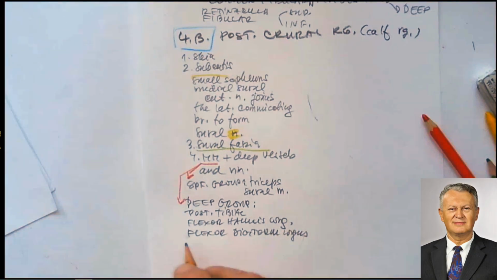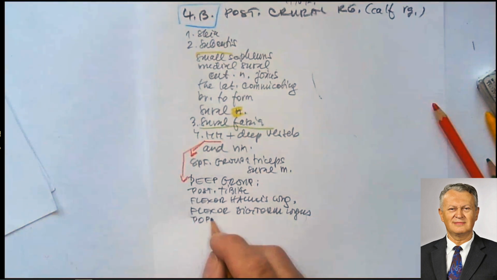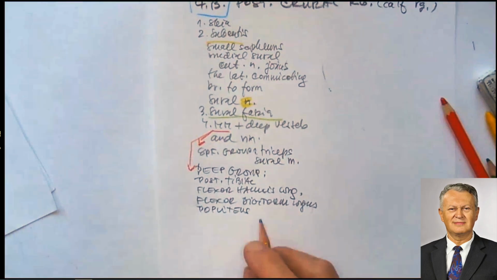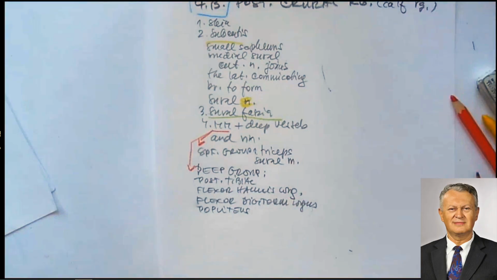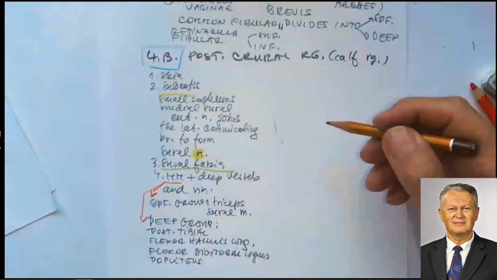Of course, there is also the popliteus on the floor; superficial plantaris doesn't play any role, and the superficial group triceps surae, this is absolutely sufficient. Then the arteries and veins will be seen in the diagram.